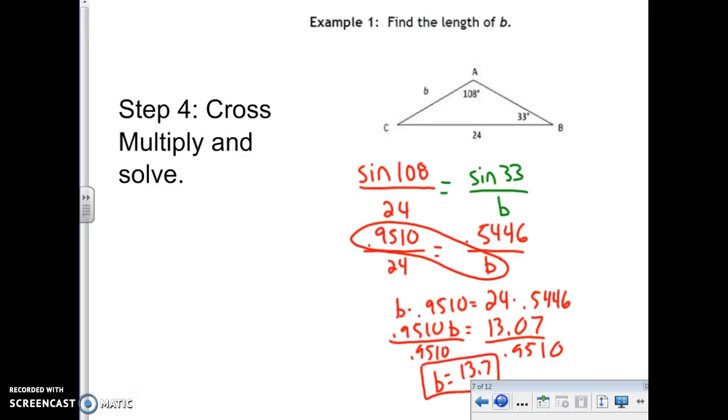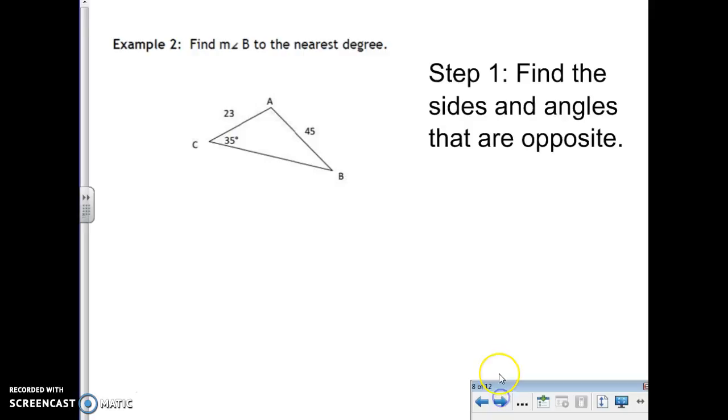Okay? So now, let's look at another example. That was when I know two angles and a side. Let's look at one in which I know one angle and two sides. First thing we're going to do is the same thing we did before: angles and sides that are opposite. So 35 degrees is opposite 45, and B is opposite 23.